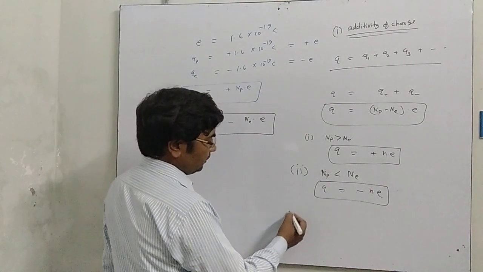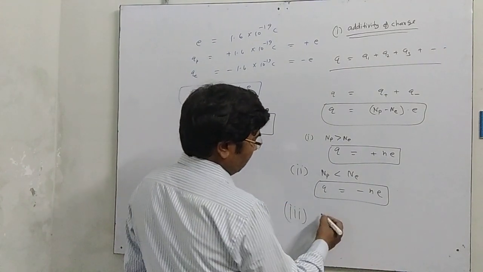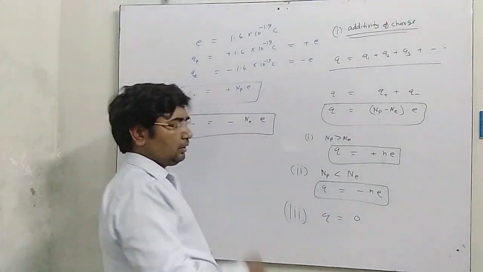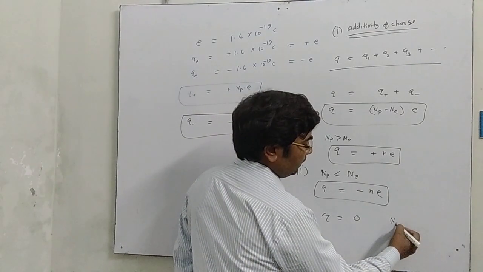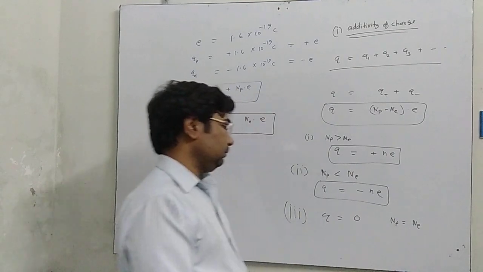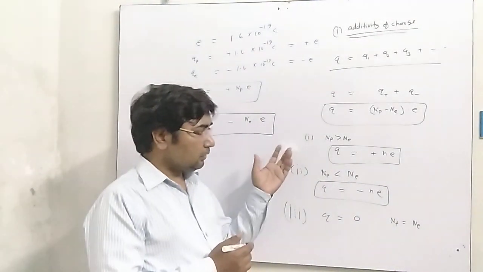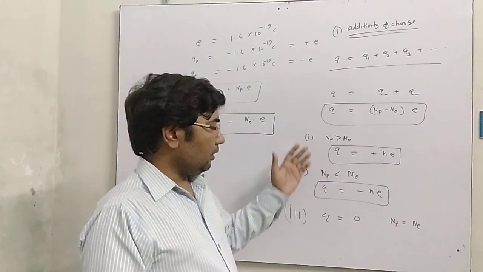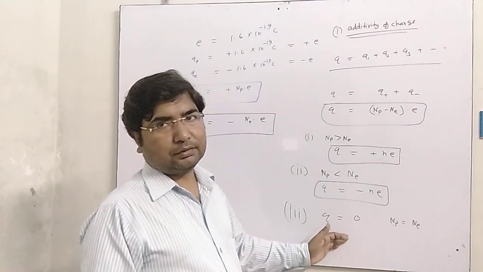And the third case is Q equal to 0. In this case, number of protons and number of electrons contained in the substance become equal. These types of substances are called positive charge, negative charge, and neutral substance.